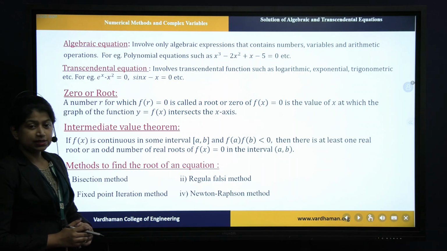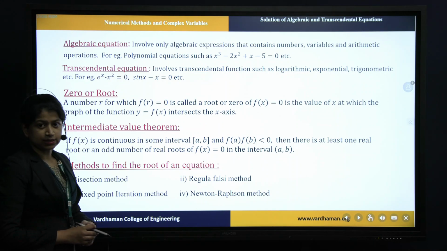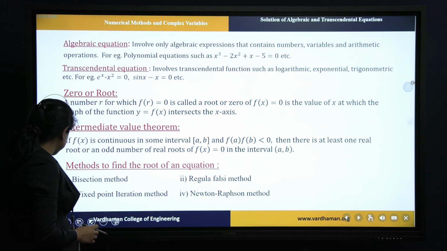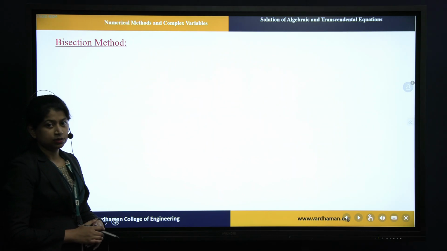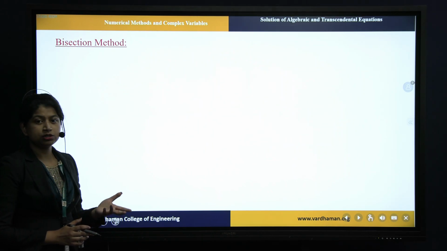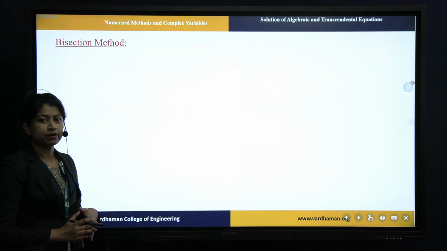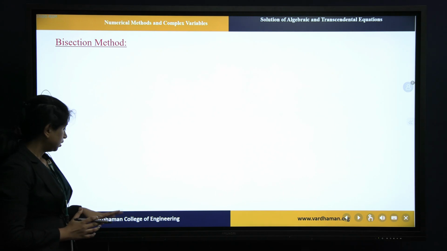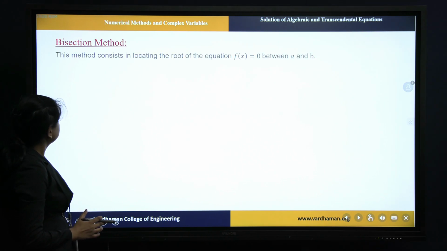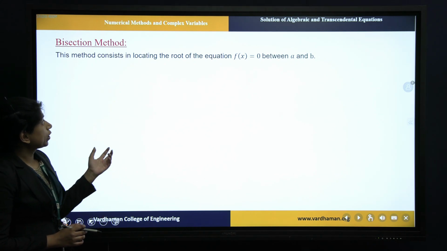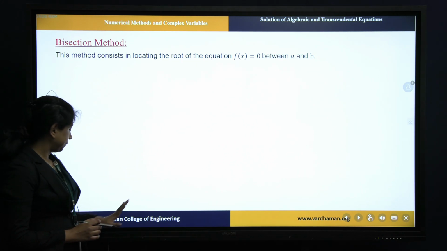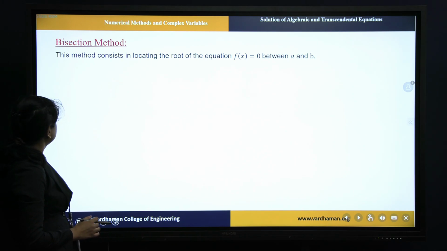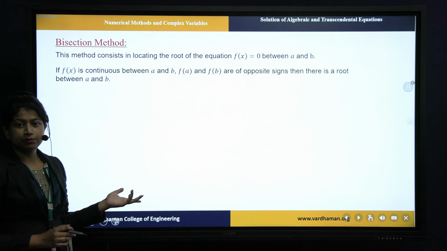Here we will discuss first the bisection method. The bisection method uses the intermediate value theorem to find the solution. It locates the root of the equation f(x) equal to 0 between a and b. What is the intermediate value theorem?